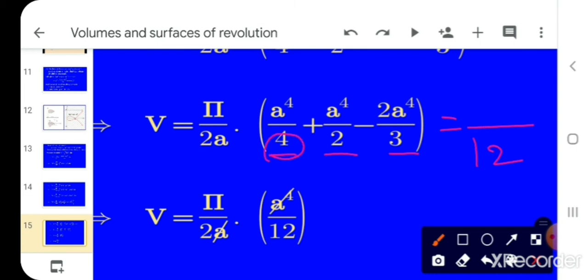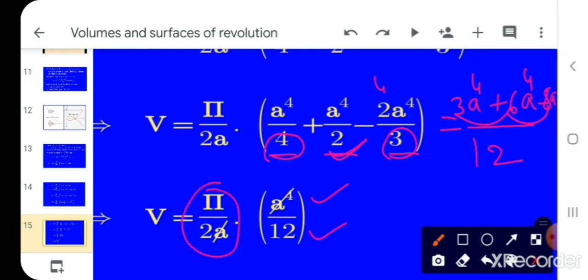Here we have 4, so I write 3a power 4. Here we have 2, so I write 6a power 4. Minus, here we have denominator 3, so I write 4 into 2, 8a power 4. 3 plus 6, 9, minus 8 means 1a power 4. So the remaining term is a power 4 by 12.